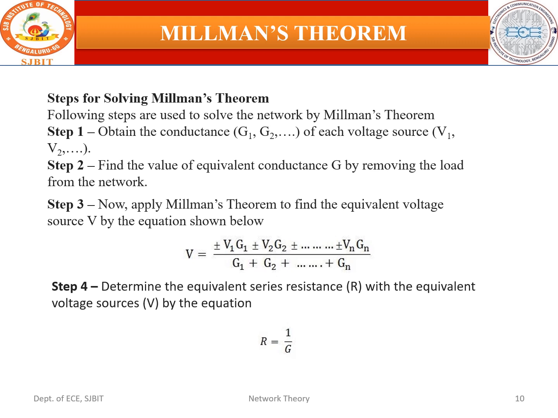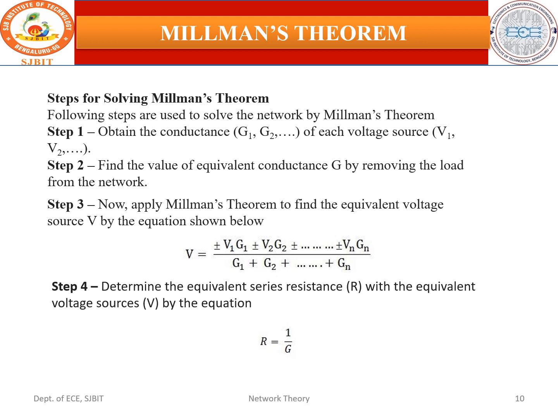What are the steps to follow in this Millman theorem? These are the steps to solve a problem by using Millman's theorem. The first one is to obtain the conductances G1, G2, G3 of each voltage source V1, V2, V3, etc. Find the value of equivalent conductance G by removing the load resistance or load impedance from the network.